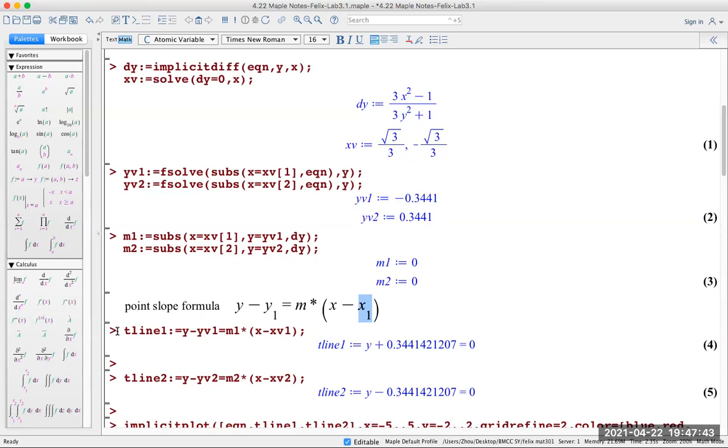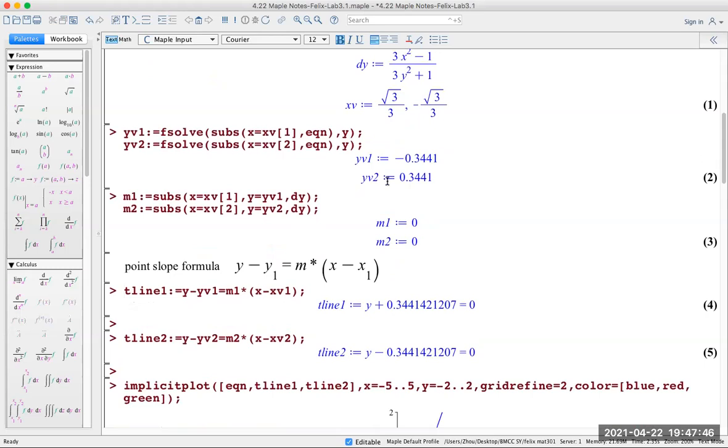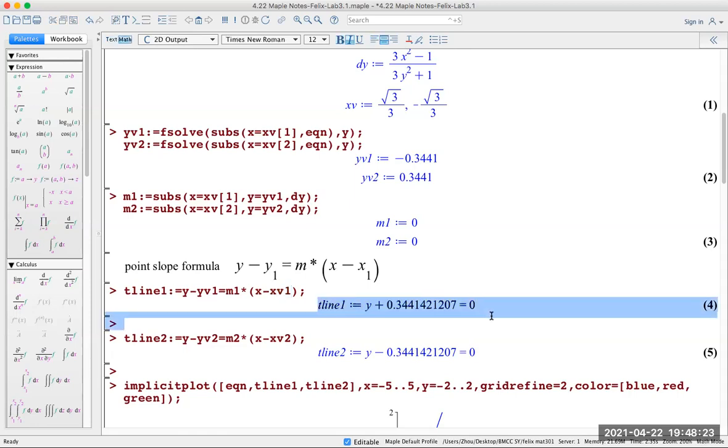That gives us two tangent lines, because we have two x values and two y values. It's basically the same formula from the point slope formula, and we substitute in yv1, which is the name we have for each output, for when we substitute the first xv value. Which means I substitute the negative 0.3341 here, m1 is 0 here, and xv1, which is square root of 3 over 3, here. Okay, therefore this is my tangent line.